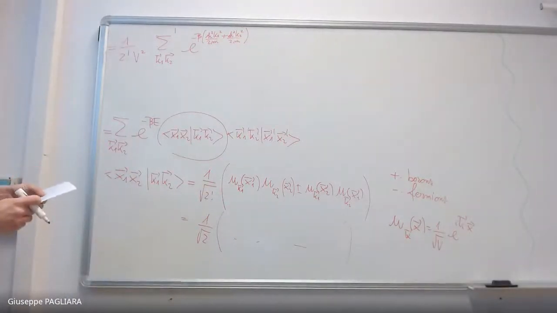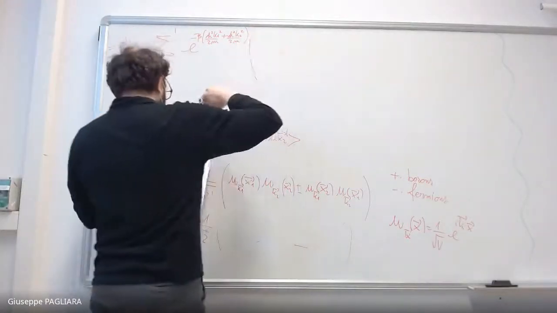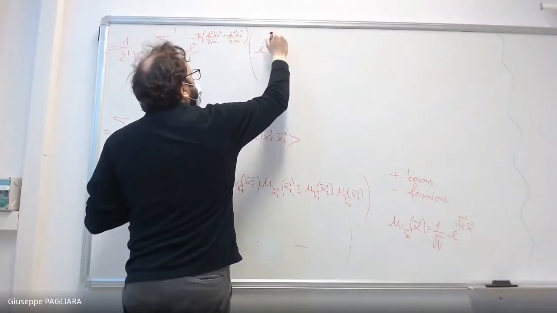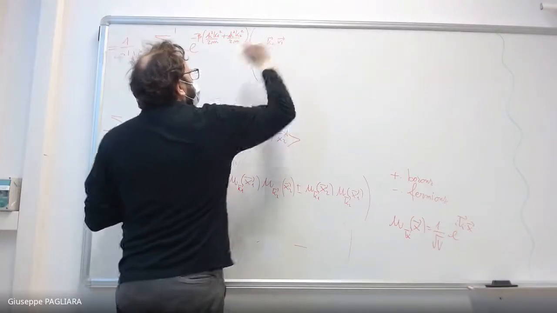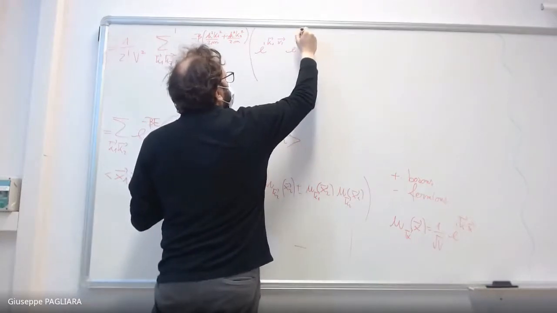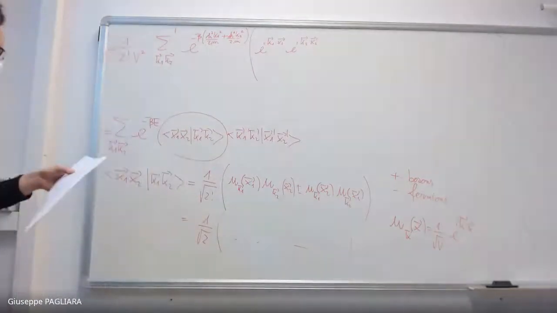And now I have the plane waves, which are the following: exponential of i K1 scalar x1 and exponential of i K2 scalar x2.